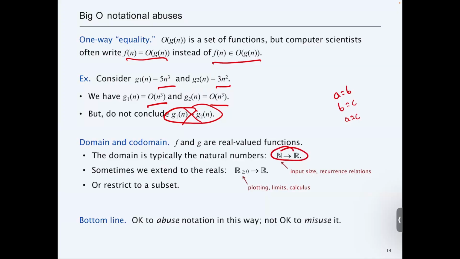We generally don't care about what happens when n equals 3.7, because what does that even mean? What does it mean to have 3.7 nodes in a tree, or 3.7 if statements in some algorithm? That doesn't mean a whole lot in this course. So usually n is going to be a natural number, a non-negative value, and we're not going to care too much about what happens when n is a real number.